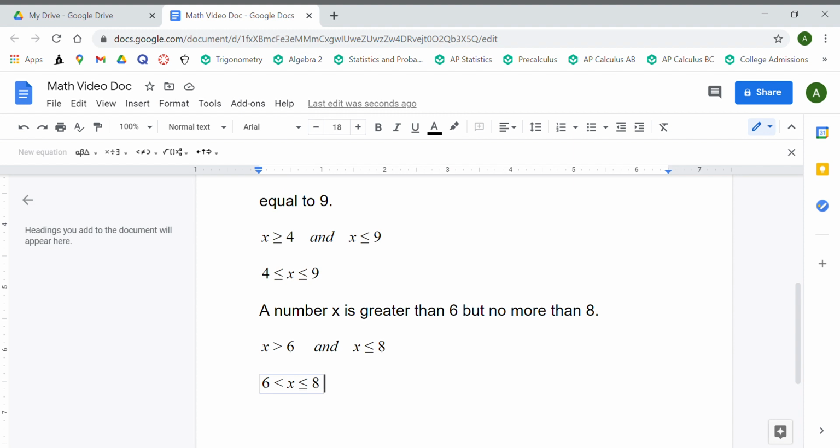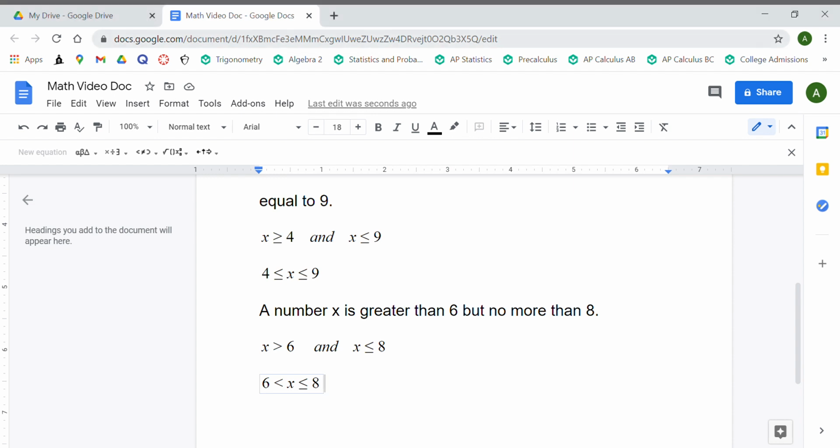This one should be much easier to draw for me, okay? Alright, so we have x is greater than 6. So it cannot be equal to 6, so we need to put an open circle here.